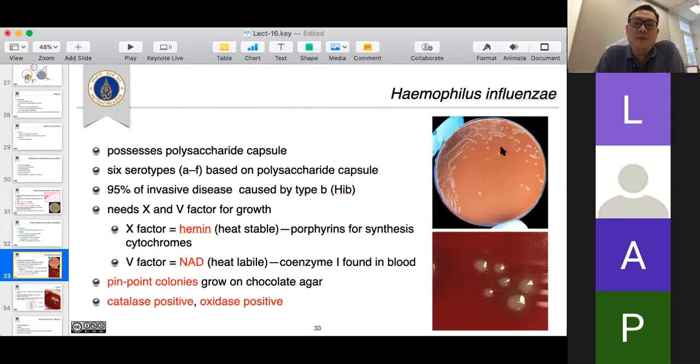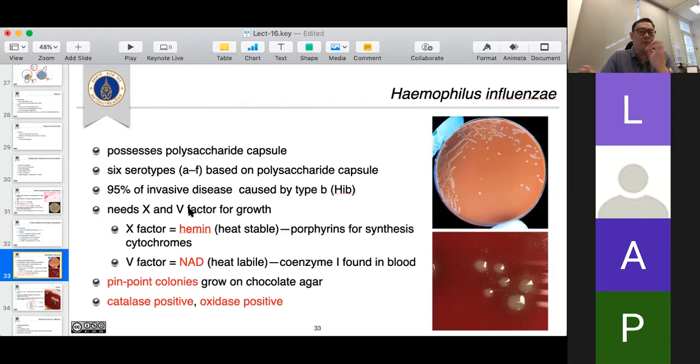This is H. influenzae growing on chocolate agar, okay? Normally, X and V factor, factor 10 and factor 5, refer to heme and nicotinamide adenine dinucleotide, okay? Heme is important for cytochromes, whatever cytochrome uses heme. NAD is a coenzyme found in blood.